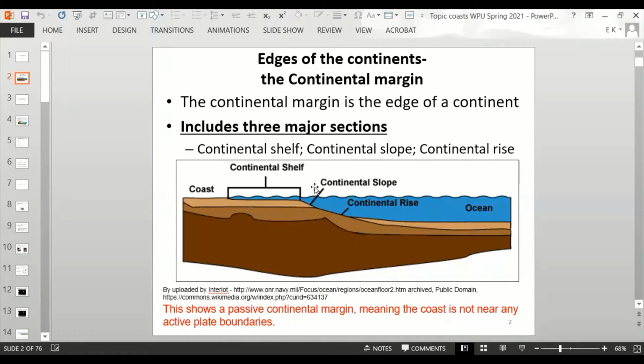So near the coastline, you have a steeper drop, and then you have your trench offshore. So it's not as gradually sloping down into deep ocean, it's a little bit more steep with that trench. But this particular diagram shows you a passive continental margin.